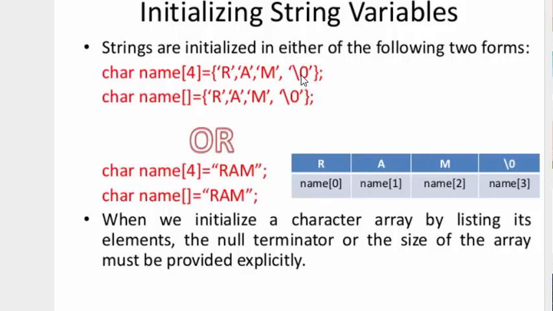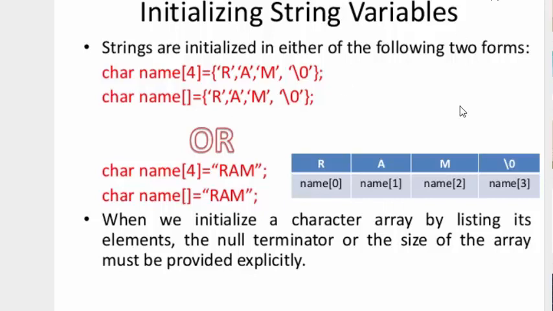So this is how we can initialize our string. If I don't want to give the size, this can also be done without providing the initial or defined size. I can also assign my string.